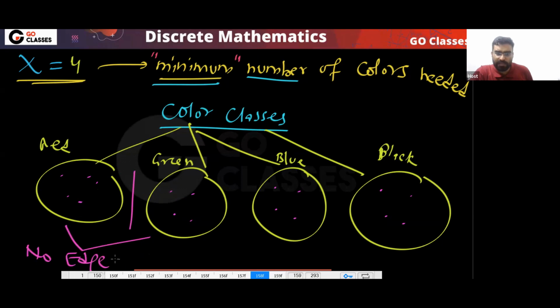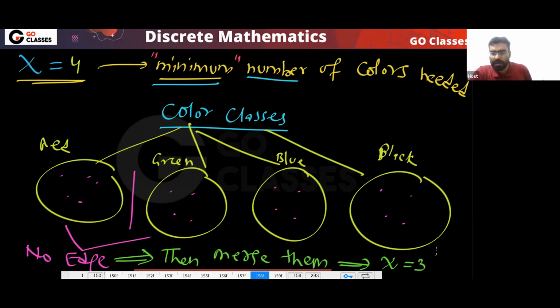If there is no edge between them, then you will merge them. And the chromatic number will be what? The chromatic number will become 3, but the chromatic number is 4. So again there is a contradiction. This is giving you a contradiction.